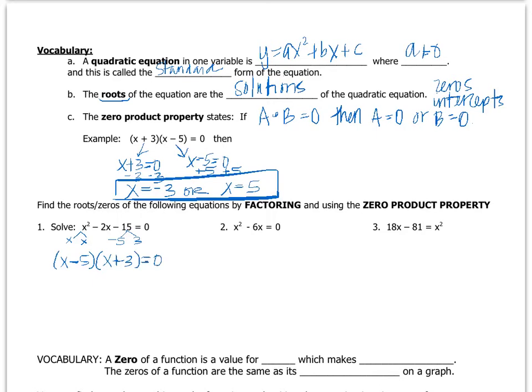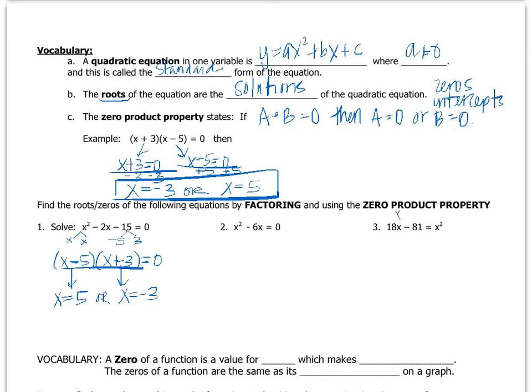Now we just did this above, so I'm going to save us a little bit of time, because these factors are the same thing that is here. So this tells us that x equals 5, or this tells us that x equals negative 3. Okay, so I have two solutions. Now, I'm actually going to skip to number 3.